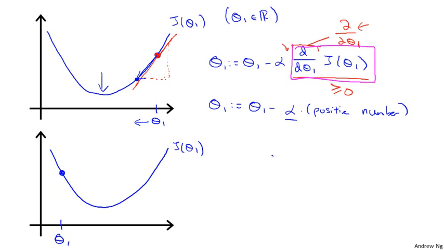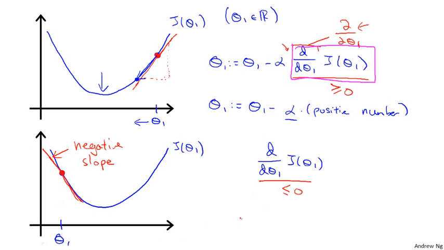Now my derivative term d/d theta 1 of J of theta 1, when evaluated at this point, is the slope of this line. But this line is slanting down, so it has negative slope. Alternatively, I say that this function has a negative derivative at that point, which means it is less than or equal to 0.